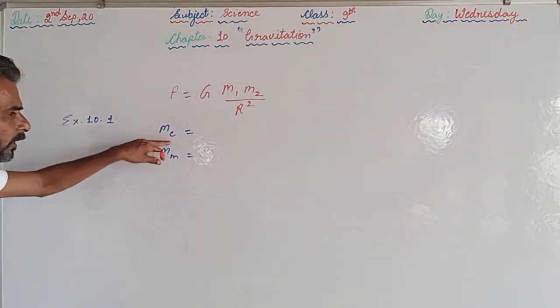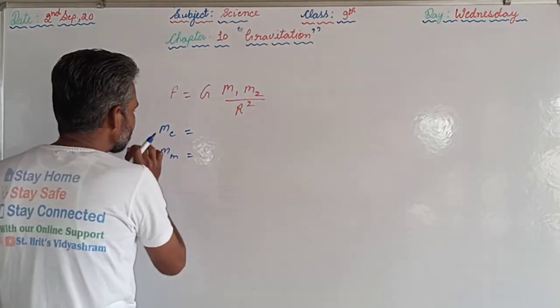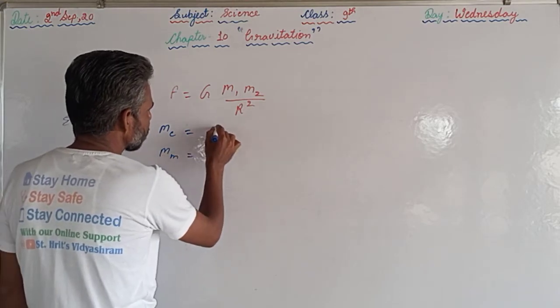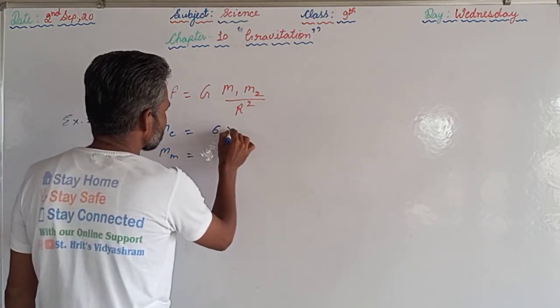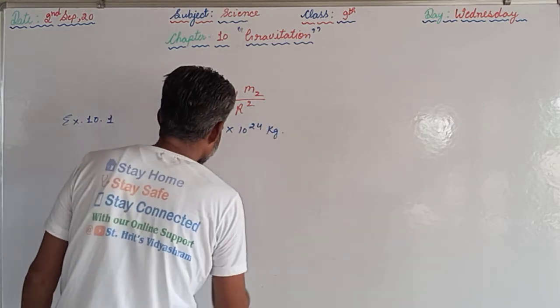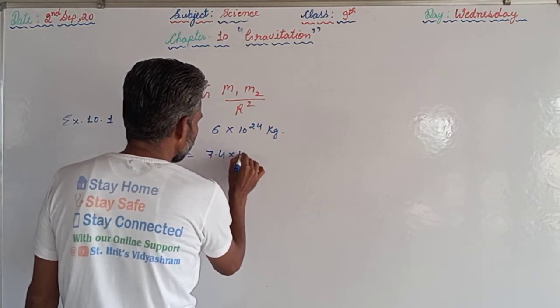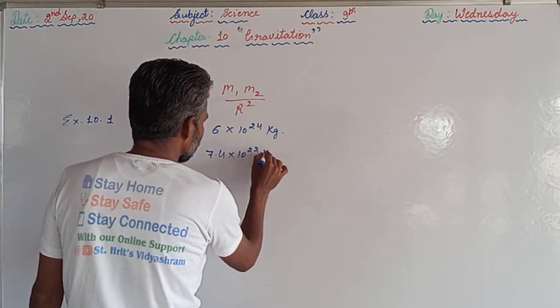I have taken me, means mass of the earth, and mm, means mass of the moon. So me is equal to mass of the earth, 6 into 10 raised to power 24 kilogram, and mass of the moon is 7.4 into 10 raised to power 22 kilogram.